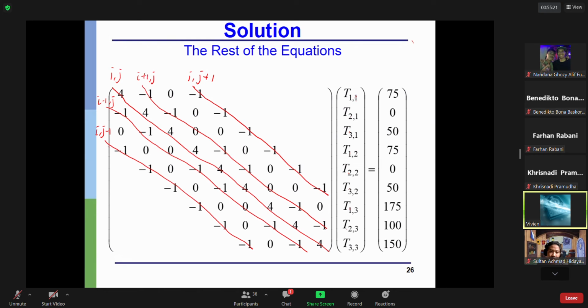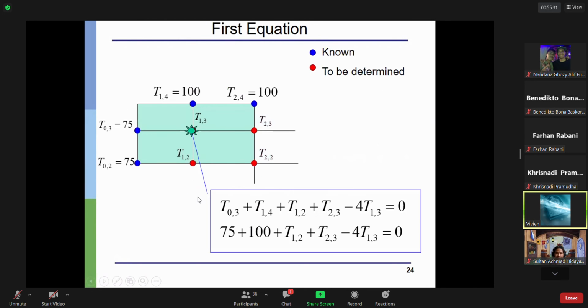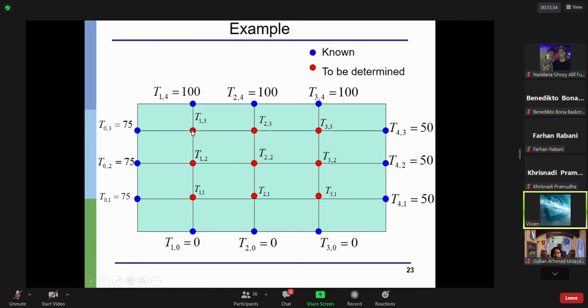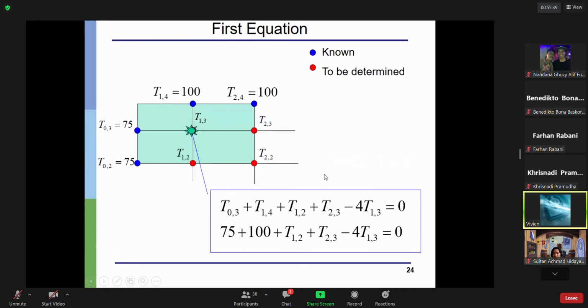So the method that is used in heat transfer is Gauss-Seidel, in which you rearrange the equations so that you can solve, for example, from the first equation to solve for T13, and then the second equation to solve T23, and so on. So in the Gauss-Seidel method, for example, this one, we can solve T13, so that will be equal to T12 plus T23 plus 175 over 4.